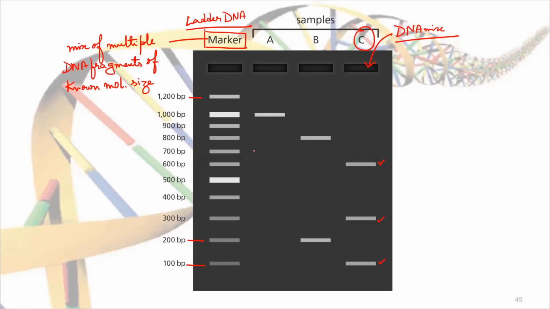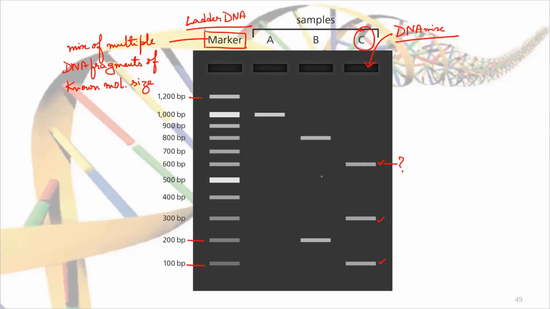Based upon their relative distance, you can compare that the first one will be a 100 base pair fragment, the second one a 200 base pair fragment, the third one a 300 base pair fragment, and so on.